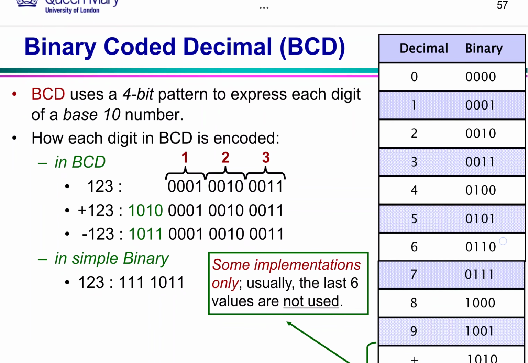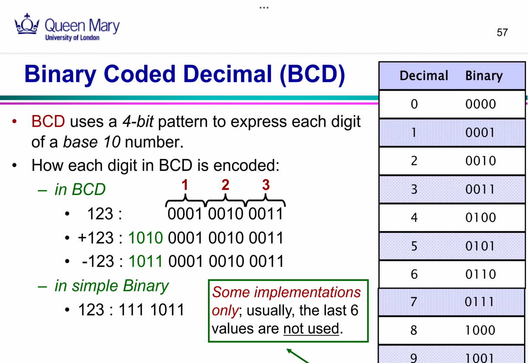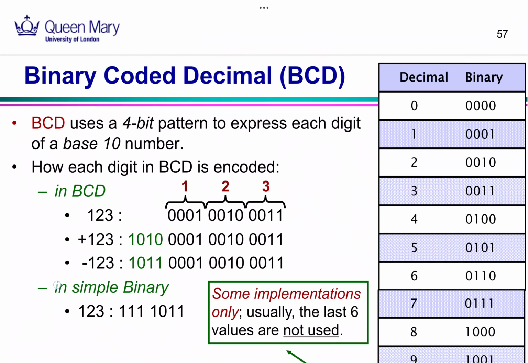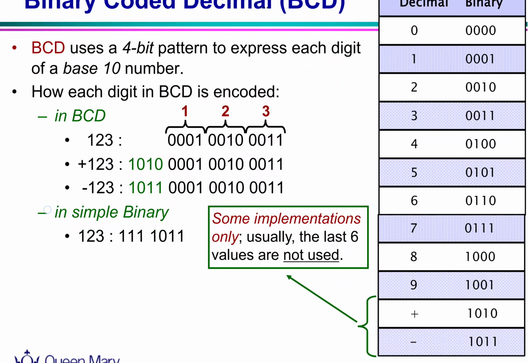Oh, it's a little tricky. Binary can use 4-bit patterns to represent each digit. Overall, each row can be 1, 2, 3, 4. Some implementations use the latter values only in some units. The last 6 values are not used.